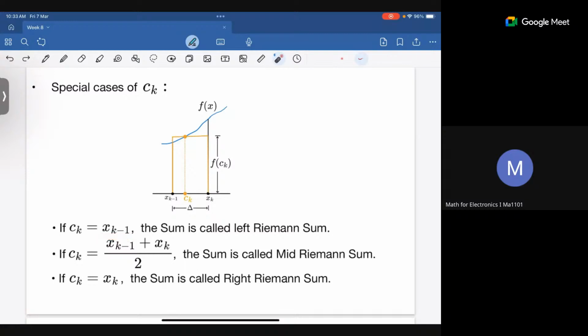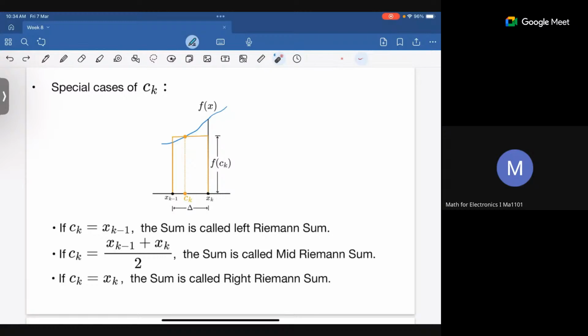If I choose CKs like that, then the sum which you are going to compute is called the left Riemann sum. So here left determines what your CK points are, that I have chosen CKs to be the leftmost points of each and every interval.